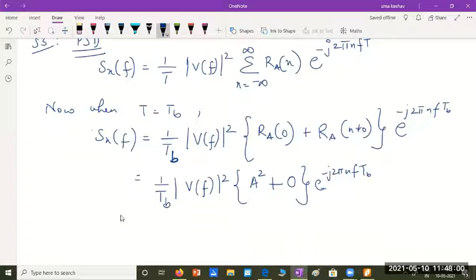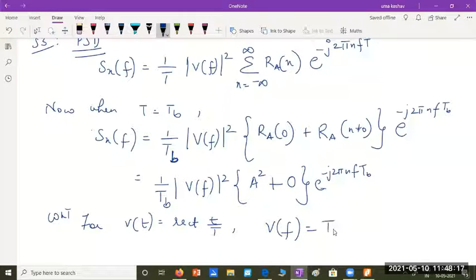So in the next step, I can just say we know that for v of t equal to rect t by T, V of f will be given as Tb sinc, what did we have? Sinc fT, right? So Tb sinc fTb. And remember, I haven't considered any amplitude other than 1.